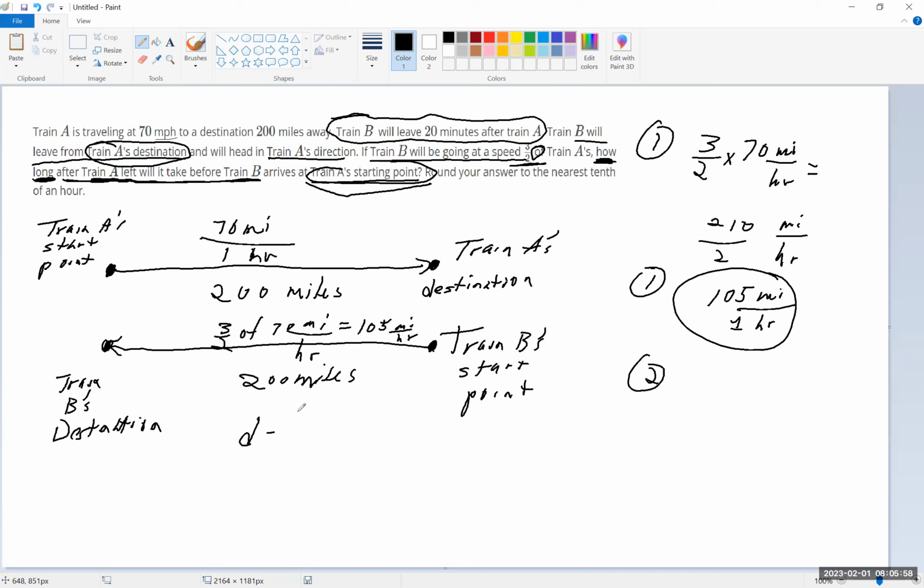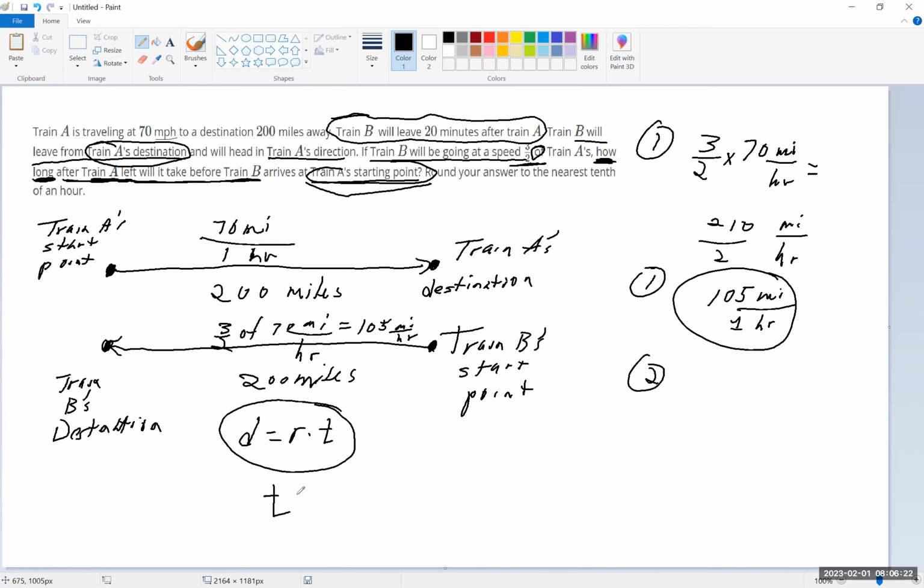But distance, this is a formula. Distance is equal to rate times time, so this may be a formula that you're not that familiar with. We're actually interested in time because we want to find out how long it took train B to travel.